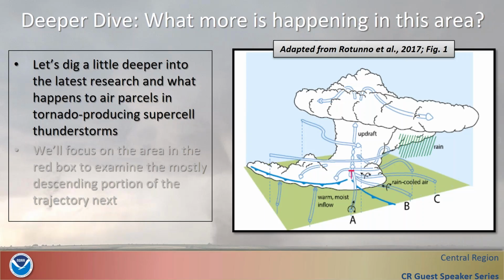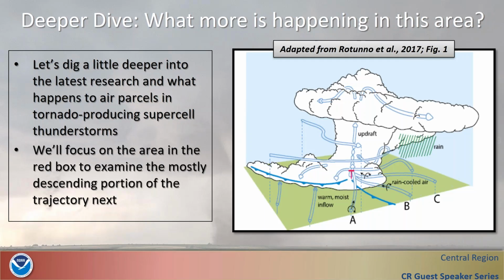The point is that you have to start there first, and then evolve your research to hopefully identify some of those cases that aren't so clear. But for the next couple of slides, we're going to focus on the area in the red box, and that's associated with that descending airstream based on the peer-reviewed research that's out there.